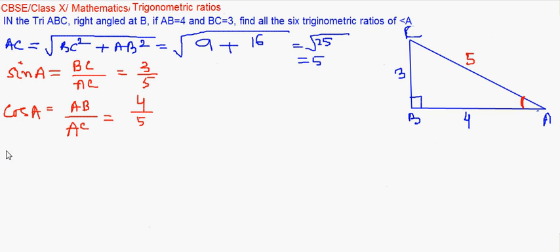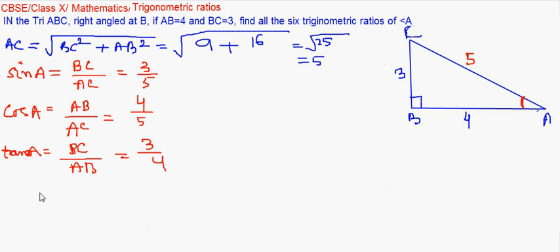Sine, cos, and then we get tan or tangent. Tan A is perpendicular by base, so that's giving 3 by 4.